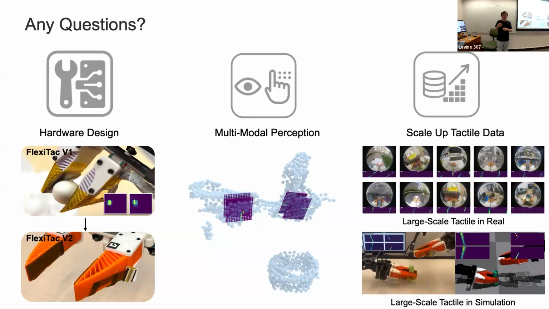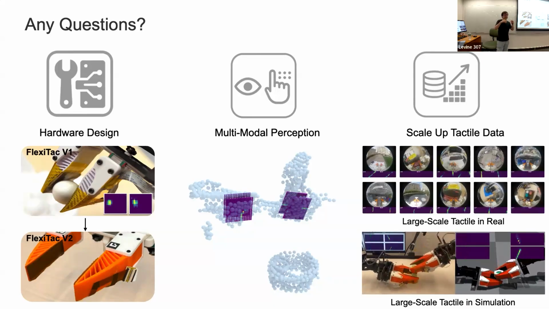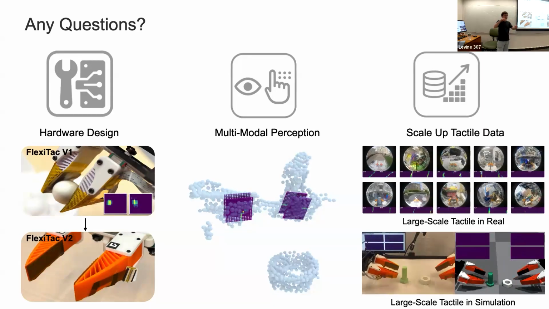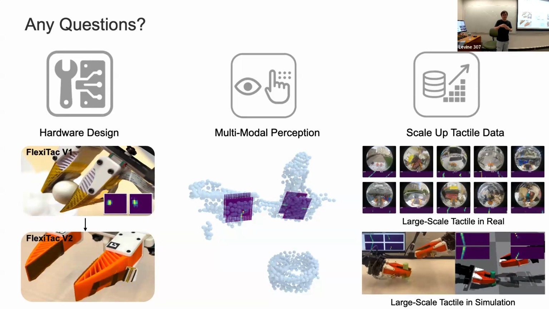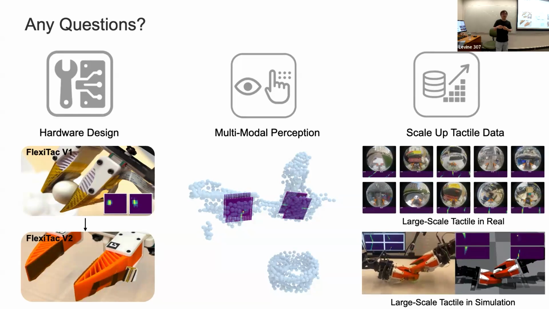So the robot cannot rotate the T-key into a very accurate pose. We also see this in the vision baseline. The robot could do such reorientation motion, but it cannot reorient in a very accurate pose. If the robot cannot reorient accurately, the following insertion will fail.